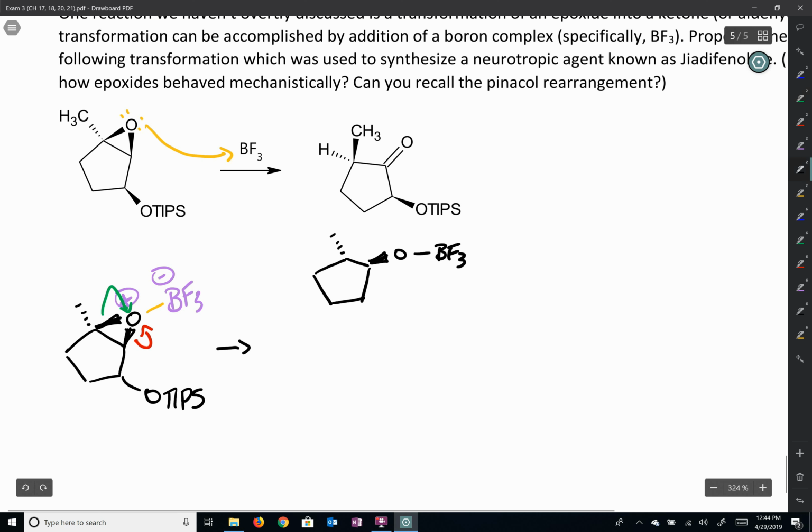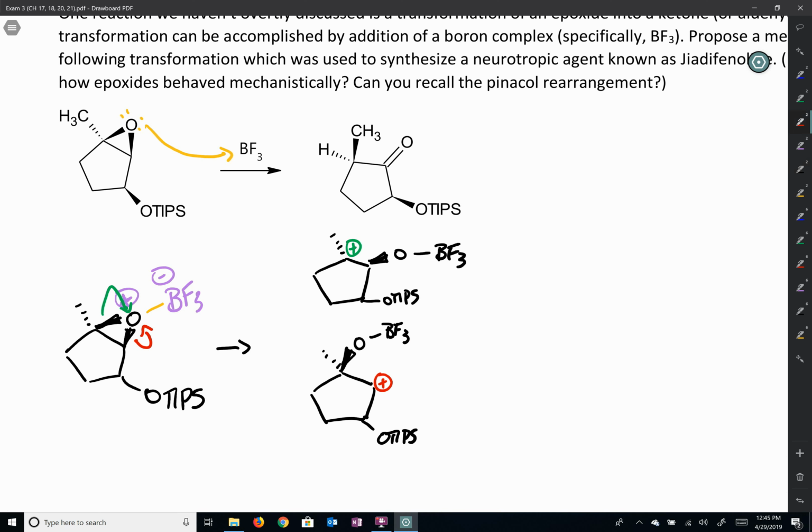I'll come back and fill in the colors in just a second here. Okay. If I follow the green pathway, I am left with this. If I follow the red pathway, I'm left with this. Oh my goodness. Okay.